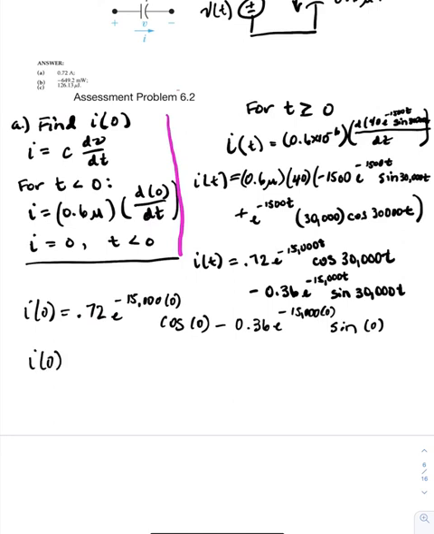So this is 1, this is 1, this is 1, this is 0. So i of 0 is equal to 0.72 amps for t greater than or equal to 0.